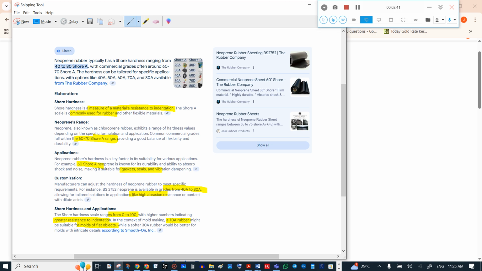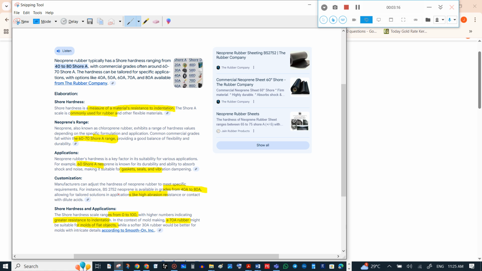Shore hardness is a measure of a material's resistance to indentation. It is commonly used for rubber and other flexible materials, and its range is 60 to 70 shore. Some commercial grades are there. It provides a good balance of flexibility and durability. For example, 60 shore neoprene is known for its durability and ability to absorb shock and noise.